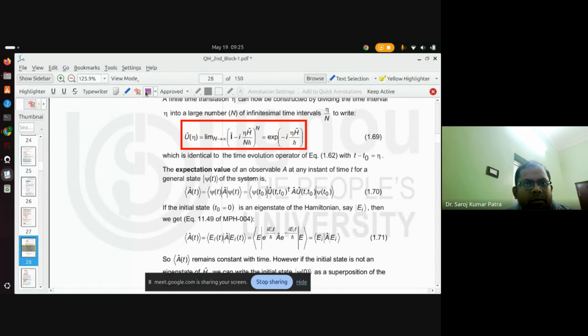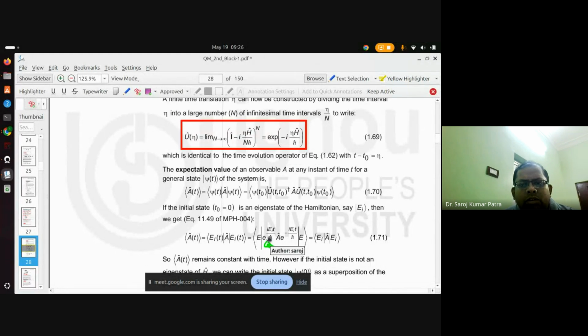Let me scribble a little bit, so then it will be clear. So when we use this part here, because we have to use U(t, t0) dagger, right? The dagger operator, the adjoint operator, will basically take minus i to i.